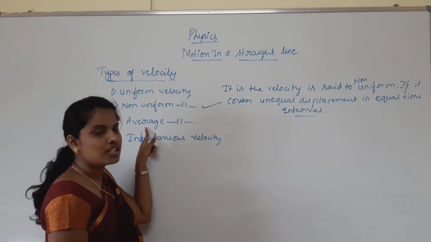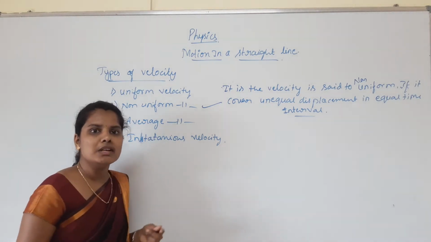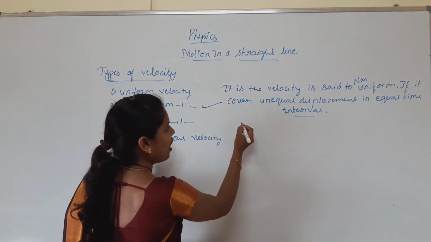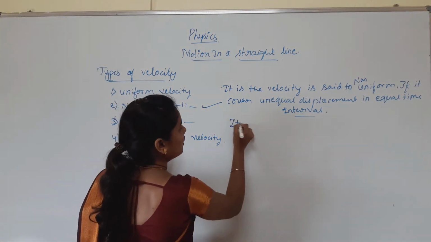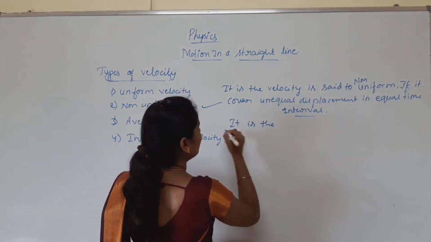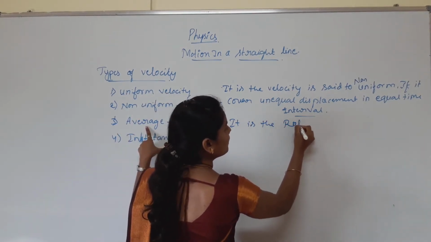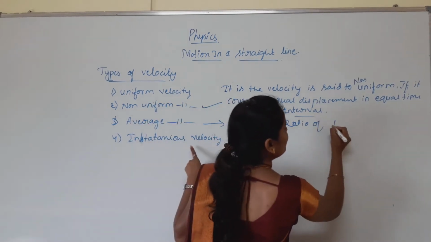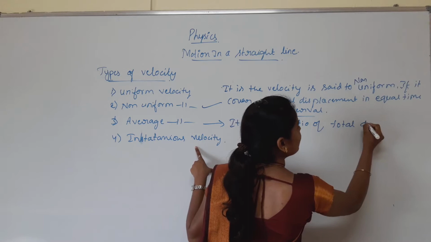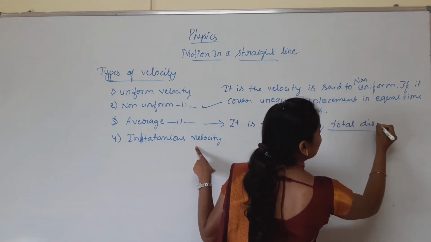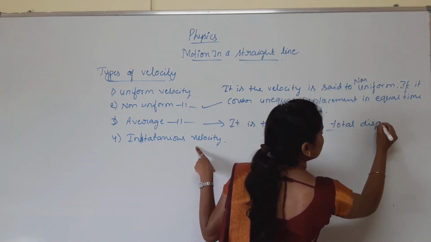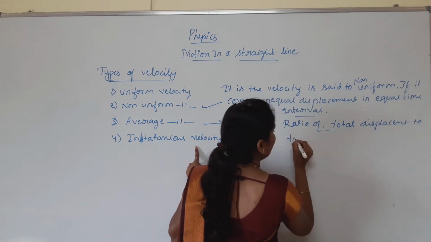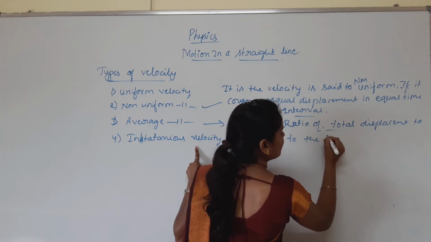The next one is average velocity. Average means the mean of the velocity. It is defined as the ratio of the total displacement to the total time taken.